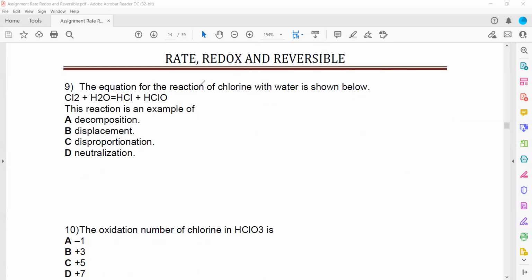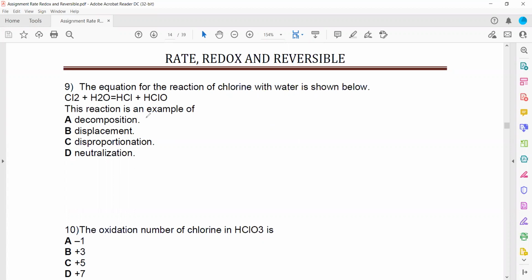This equation for a reaction of chlorine with water is shown below. Cl2 plus H2O gives HCl plus HClO. This is an example of what? The options include redox, oxidation and decomposition. It cannot be decomposition. Why?